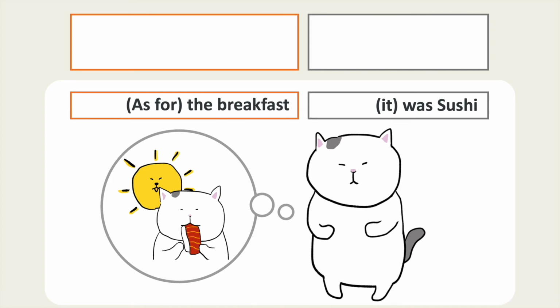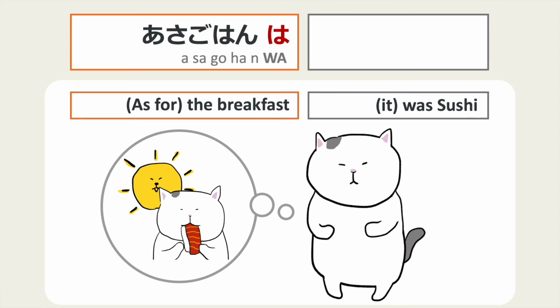You can also tell your friend what your breakfast was. How do you say the breakfast was sushi? 朝ごはんは寿司でした.